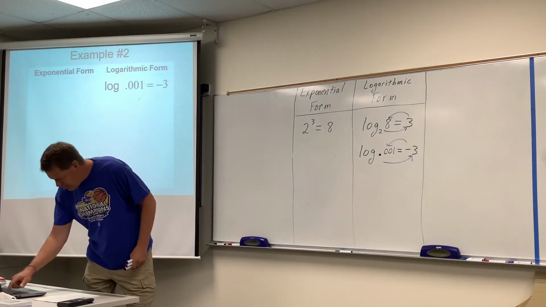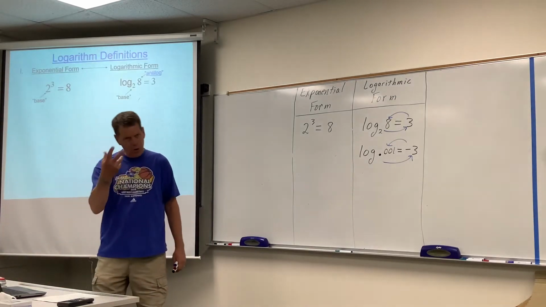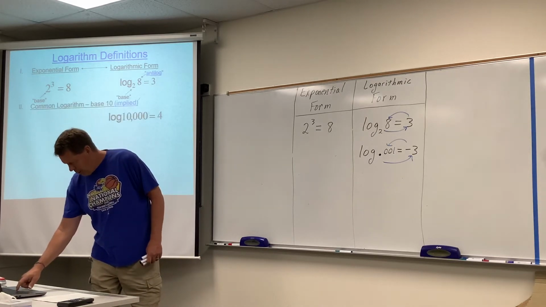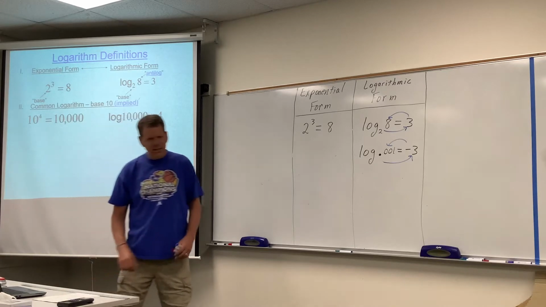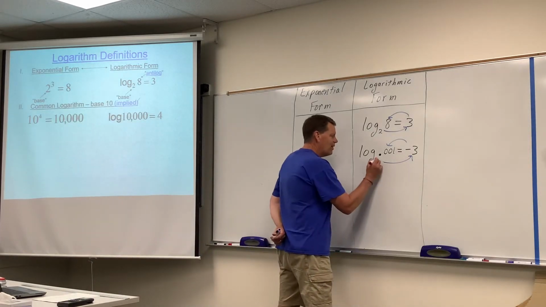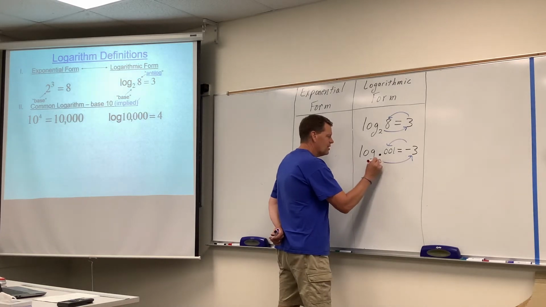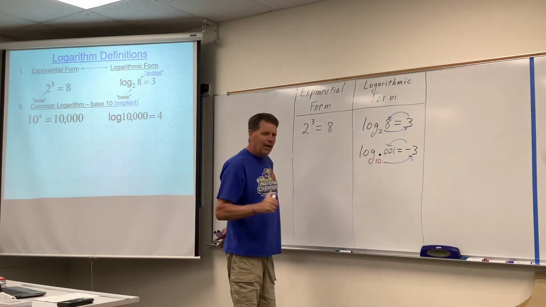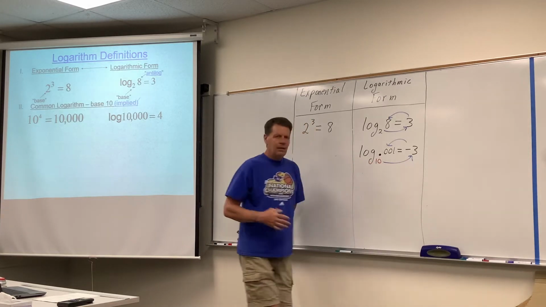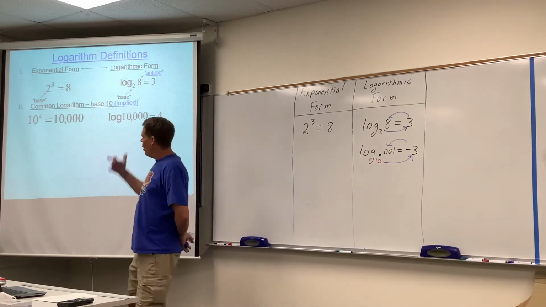Well, this leads us to example number 2, Roman numeral 2, on our definitions. This is called a common logarithm. And so when we see log without a base, mathematicians know that there's a 10 sitting down there. And by the way, the language is not log base 10. The language is common logarithm.